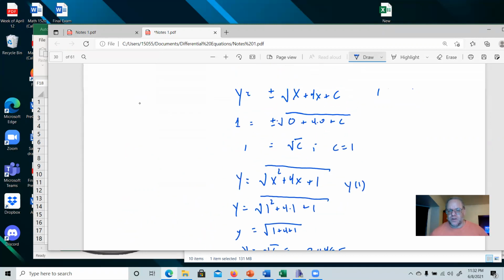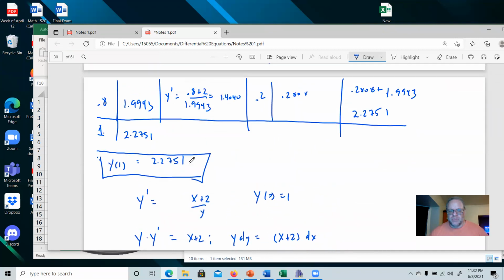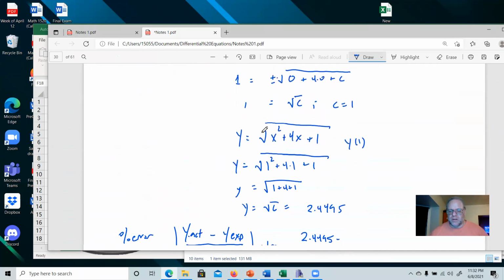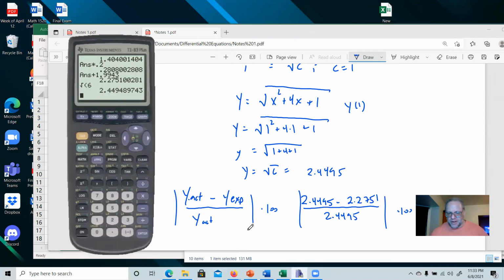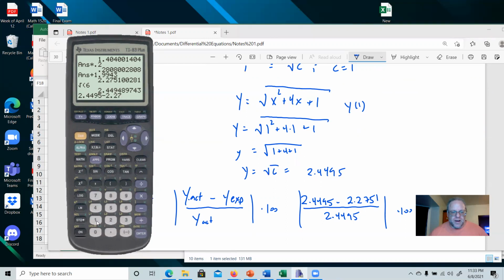Okay, actual 2.4495 minus, okay, 2.2751. 2.2751 divided by the actual 2.4495. Okay, times 100. So what are we going to have here? That's going to be 2.4495 minus 2.2751 divided by 2.4495.